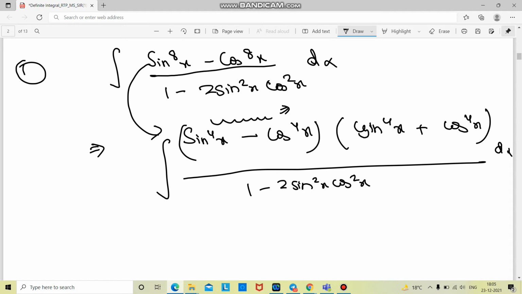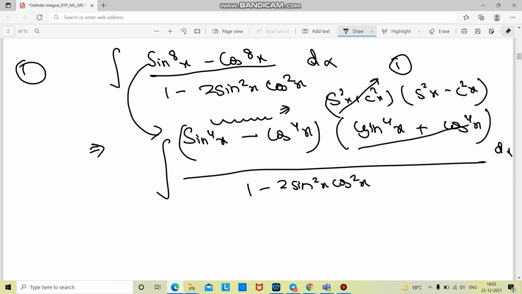This again can be expanded using a squared minus b squared: (sin^2 x plus cos^2 x)(sin^2 x minus cos^2 x), where sin^2 x plus cos^2 x is 1. And sin^4 x plus cos^4 x can be written as 1 minus 2 sin^2 x cos^2 x.